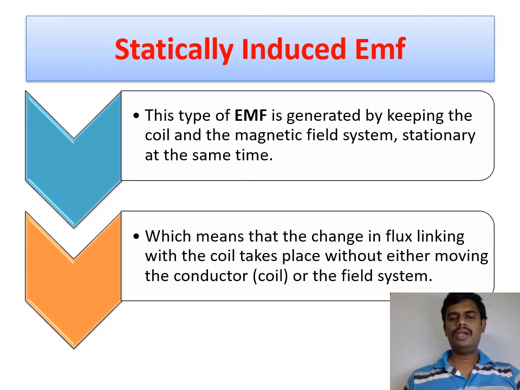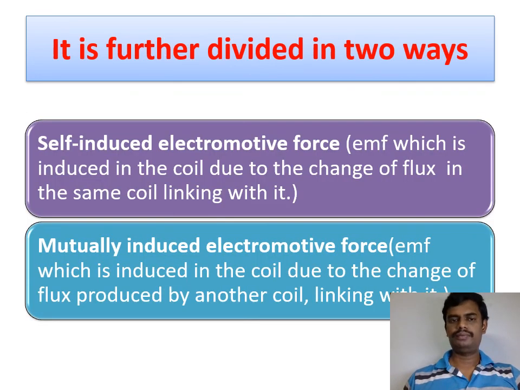This type of EMF is generated by keeping both the coil and magnetic field stationary at the same time, which means that the change in the flux linking with the coil takes place without moving either the conductor or the magnetic field. It is again subdivided into two types: self-induced EMF and mutually induced EMF.